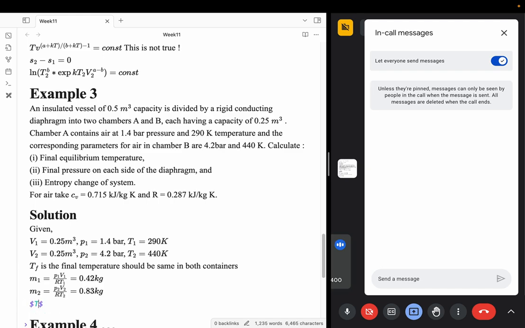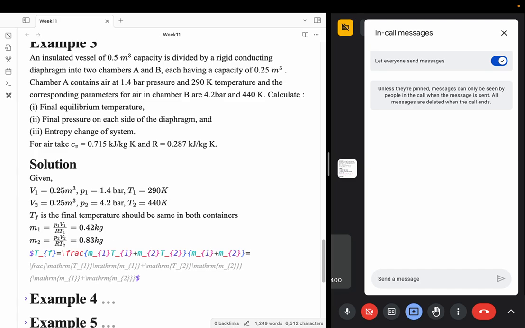So final temperature will be M1 T1 plus M2 T2 over M1 plus M2. 487 Kelvin.